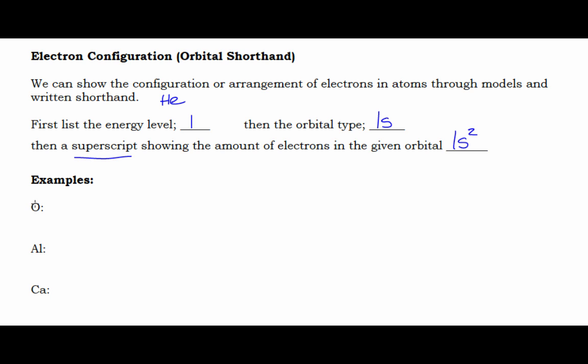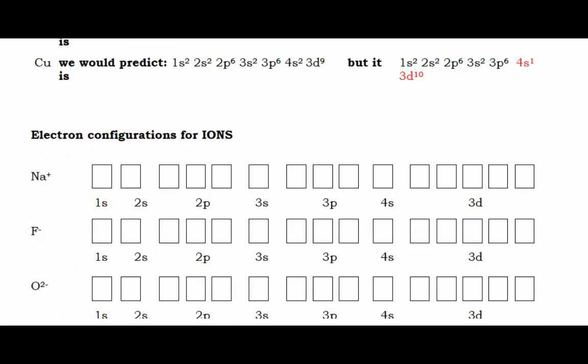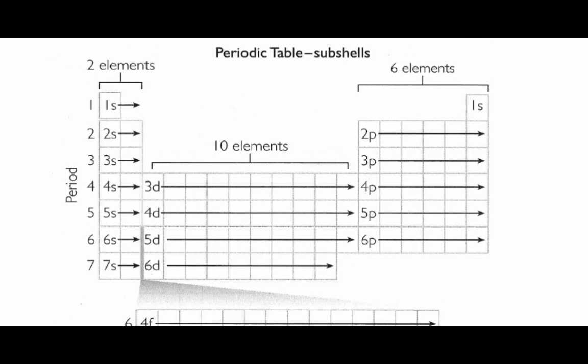So for example, oxygen has 8 total electrons. Now you're going to start at the very beginning of the periodic table and walk your way through the whole table. So let me show you what this looks like on the back page of your notes. So here's oxygen right here. Your configuration for oxygen would be 1s2.